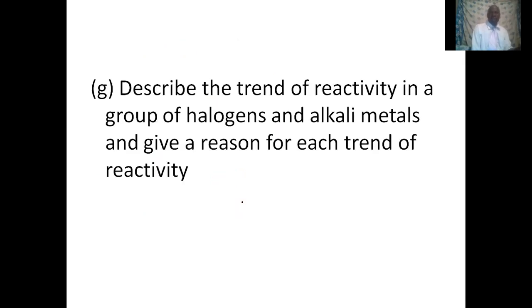G, describe the trend of reactivity in a group of halogens and alkali metals and give a reason for each trend of reactivity. You notice that for the alkali metals, I'll give you an example.